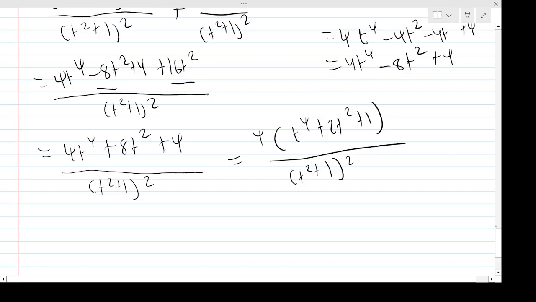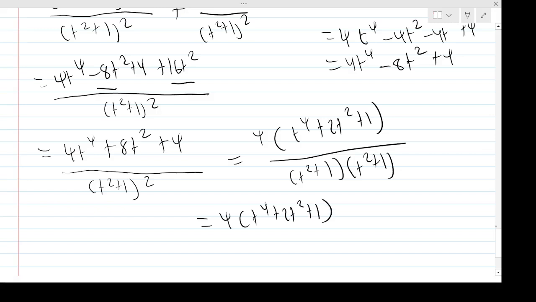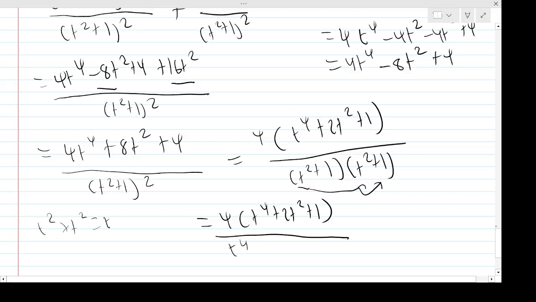If we expand, this is squared, so it's just times it by itself. Now we can expand this bracket as usual. So again, 4 of t to the 4 add 2t squared add 1. I'm going to first deal with the t squared, which is times by everything in the other bracket. So t squared times t squared is t to the 4, because you add the powers.